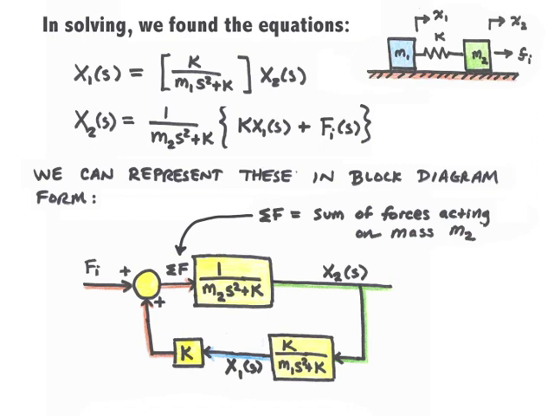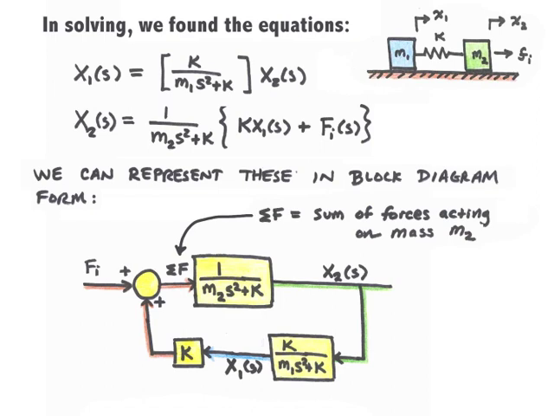And then we found x2 of s was related to x1 of s and Fi of s through the second equation on this page. We'll now make a block diagram of the first equation and the third equation.